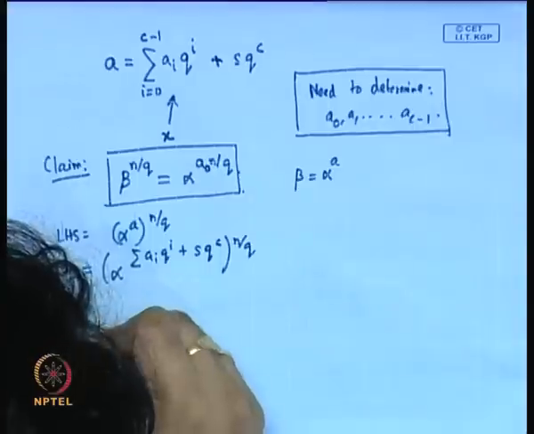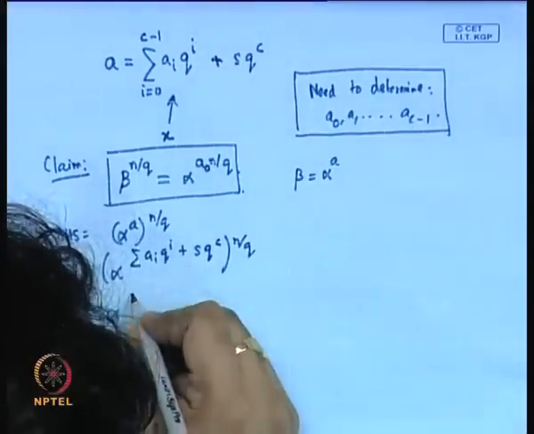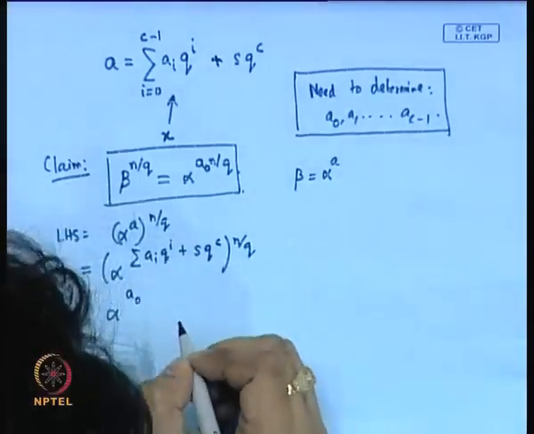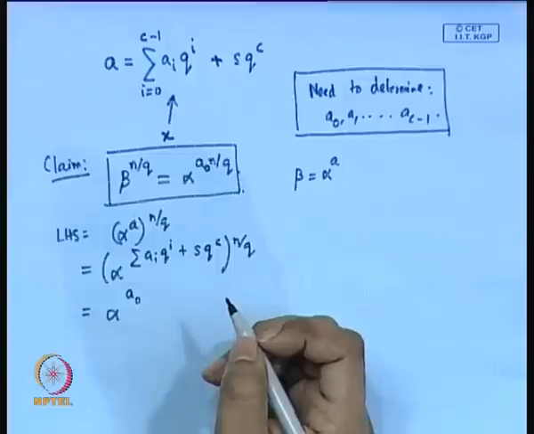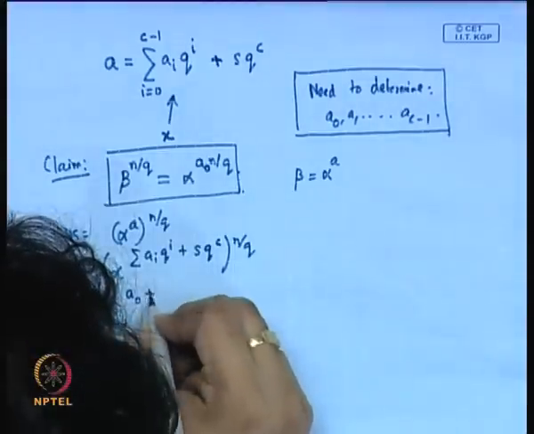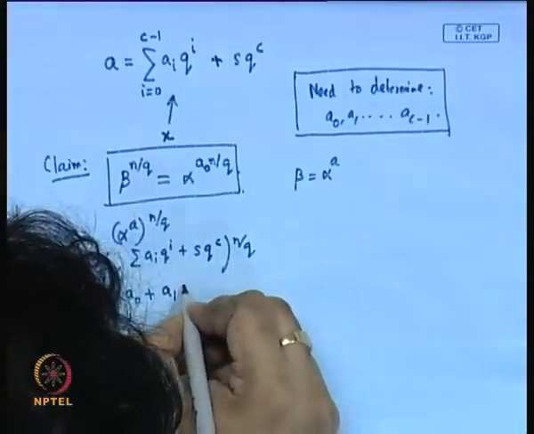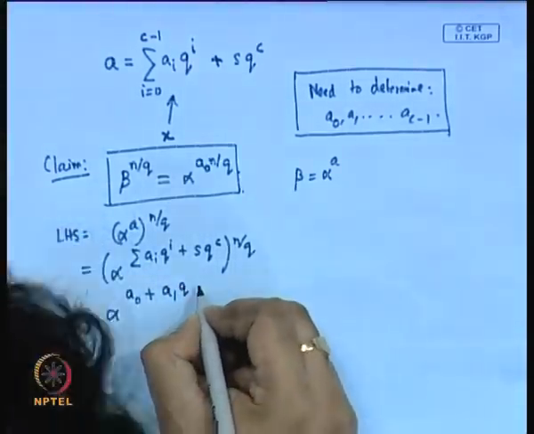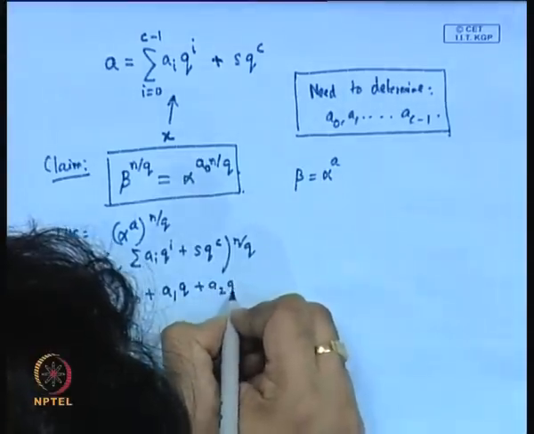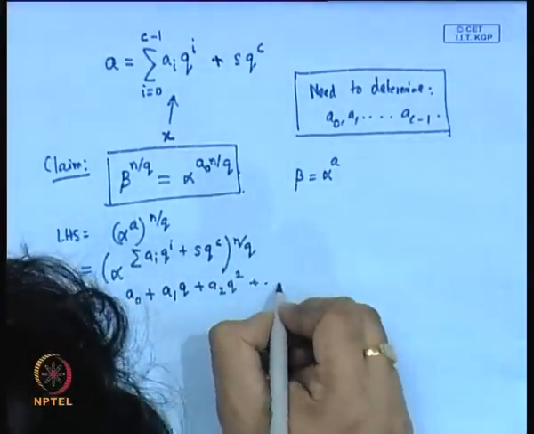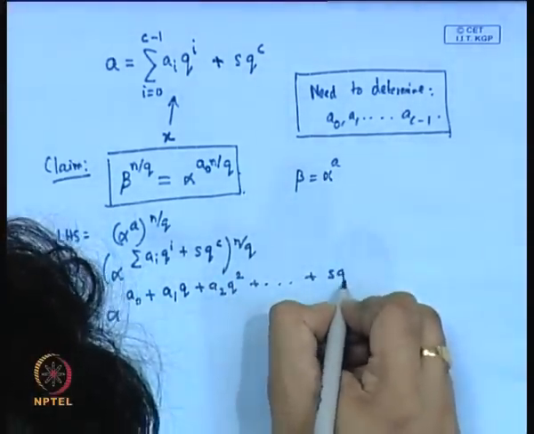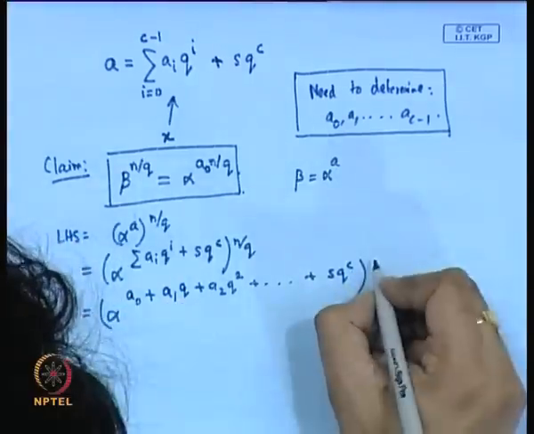Now consider alpha to the power of a0 q power of 0, plus a1 q power of 1, plus a2 q power of 2 and so on. The final term is s q power of c, the whole thing is raised to the power of n by q.